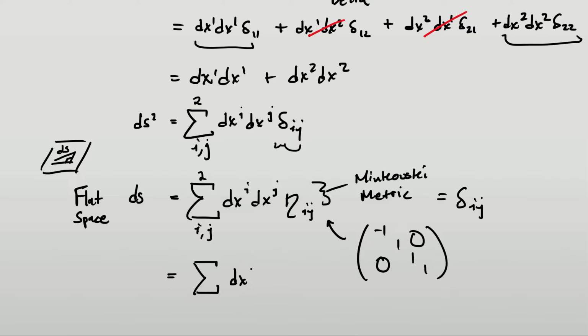So if we have dxi dxj, and now we change this to a gij, a more general form, this doesn't necessarily have to be all ones down the diagonal, right? This could be different values along the diagonal.